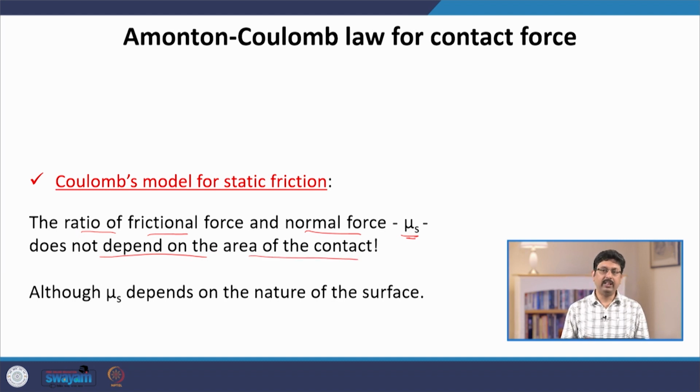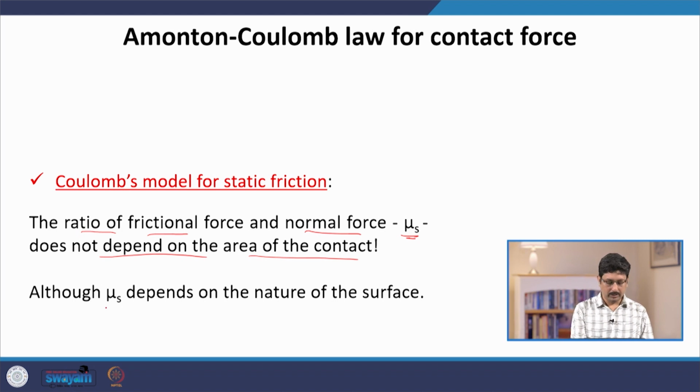So, this is a very strange and very surprising aspect of this law, that we do not know actually this contact force in reality can be enormously complicated, and we really do not know those contact forces, but it just says that you do not need to know all the atomic level details of what is going on in the contact, just measure the normal component and the horizontal component, and their ratio is a constant, which means if you increase the normal component, the horizontal component will automatically increase.